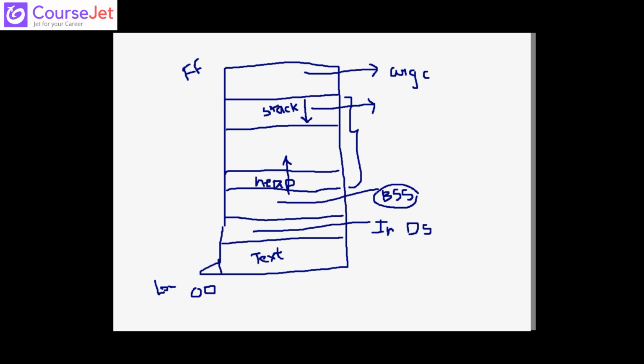But some functions called malloc, calloc, free, and realloc are used to allocate the memory in this heap section. We have not seen malloc, calloc, free, and one more, realloc, but we will see them now.